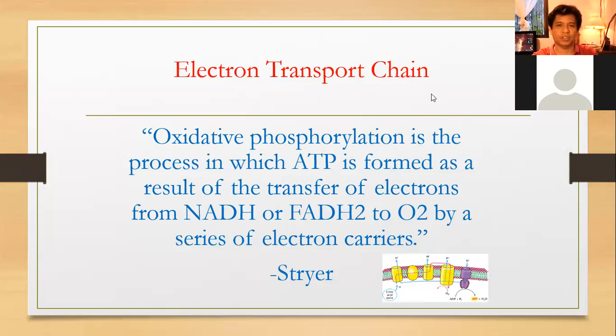Kasi oxidation siya, tapos phosphorylation. Phosphorylation refers to the conversion of ADP to ATP. So oxidative phosphorylation is the process in which ATP is formed as a result of transfer of electrons from NADH or FADH2 to oxygen by a series of electron carriers. So yung mga electron carriers, yung mga enzymes na di-discuss natin.